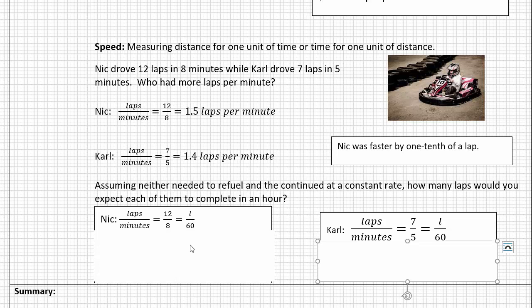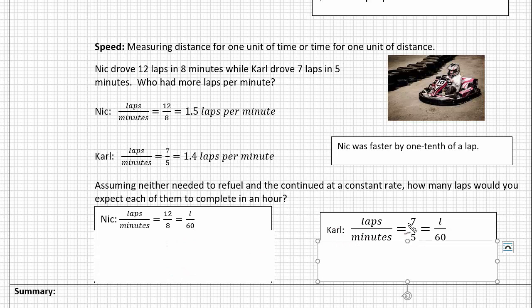So a couple different ways we could do this. You may be familiar with just looking for a common factor. You might ask, do I know something right away that I can multiply by 8 to get 60? And if so, then I can just multiply 12 by that. Right off the top of my head, I'm not thinking of anything.